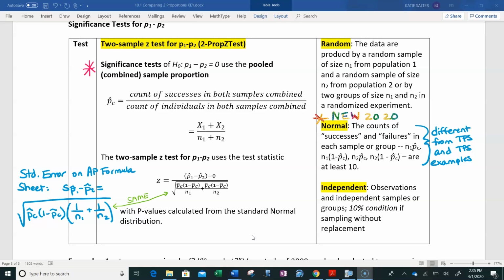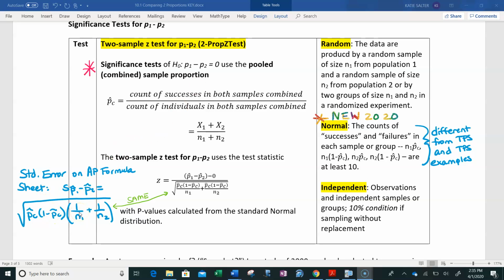So the null hypothesis is always that there is no difference. The difference is 0. So since the difference is 0, you can't use that p naught to figure out your parameter, what you assume to be true, for your standard error.